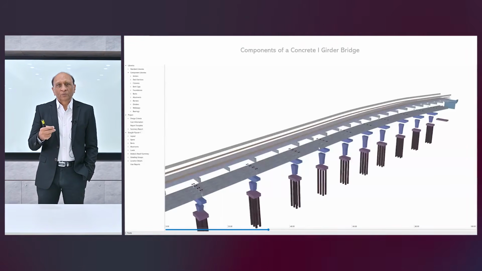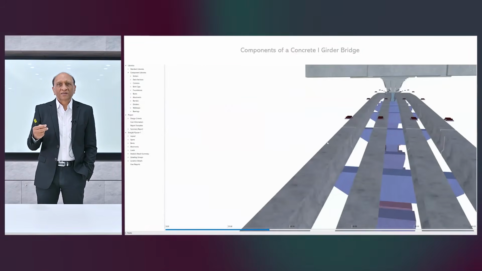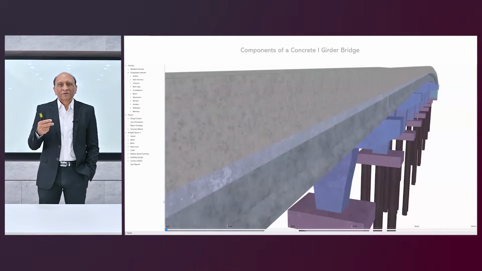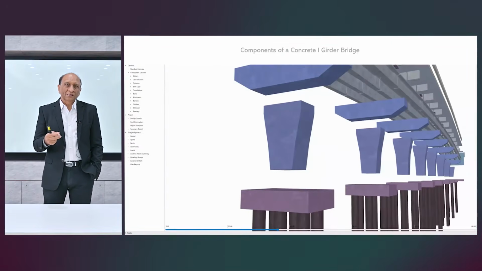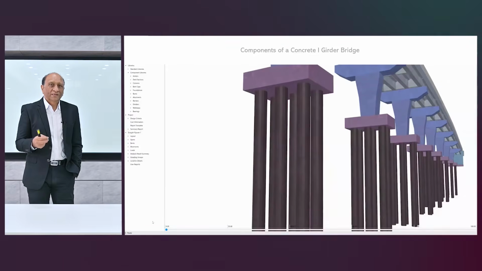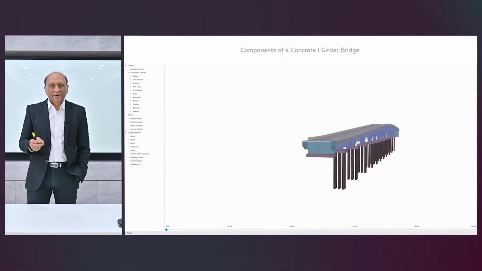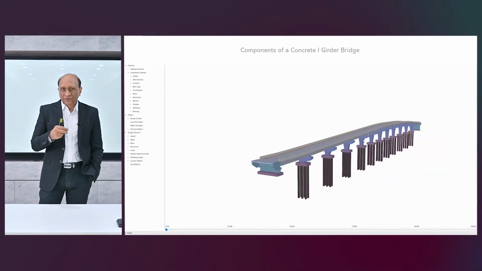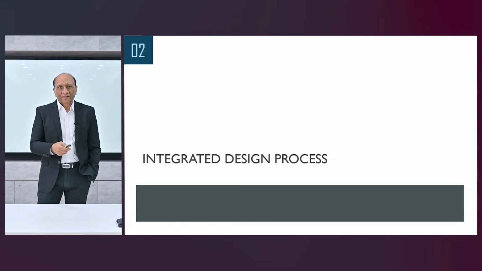If you look at the flyover, the same components are rearranged in alignment, vertical alignment with varying height, varying things, but the basic components are the same. And this is what we are talking about: a bridge is a component-based design where each component is defined and then they are assembled based on certain rules, which typically come from the alignment.